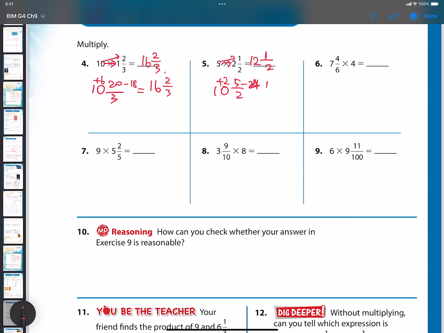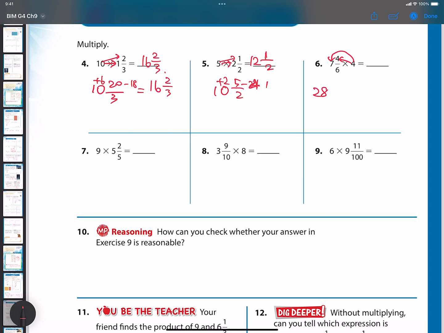I'm doing it a little bit fast, okay? I assume I explained enough before. So if you didn't understand, please rewind and watch it over and understand how this works, okay? All right, and number 6, same thing here. Whether they switch the order, it's the same. 4 times 7 is 28.